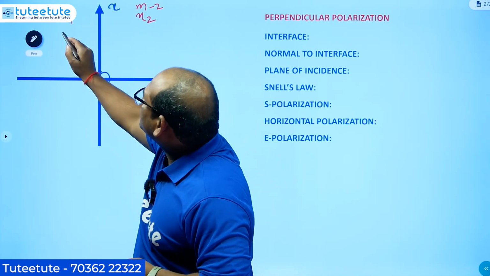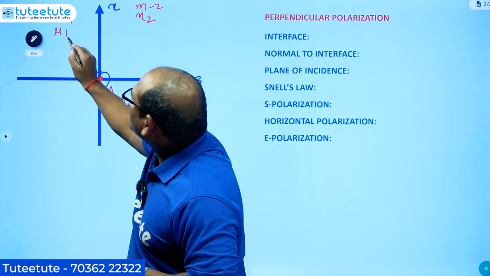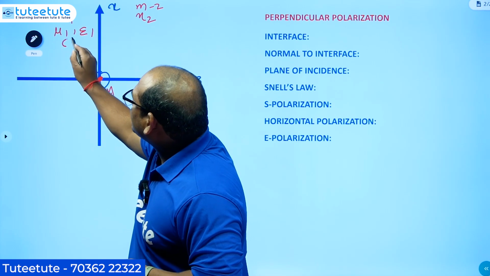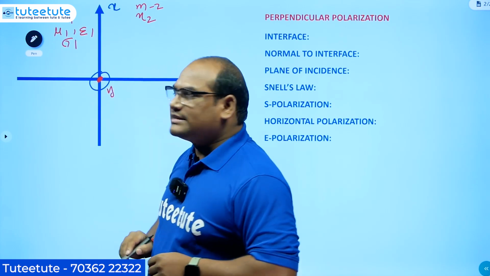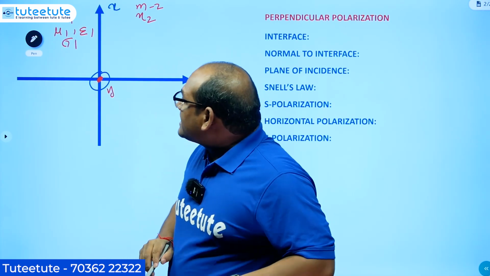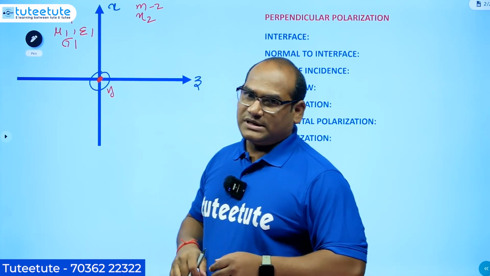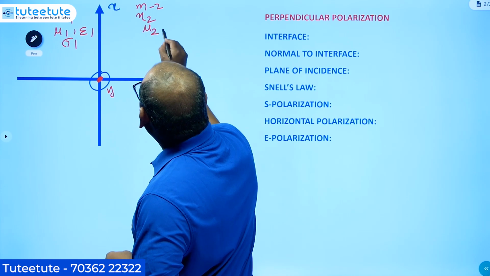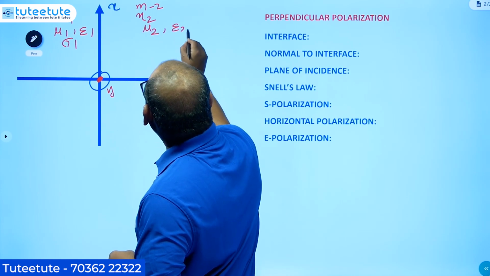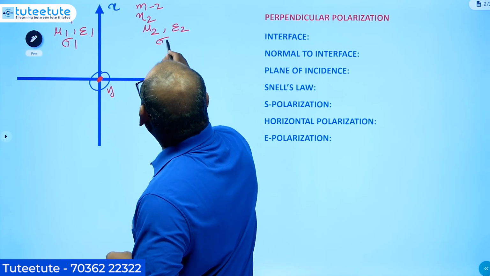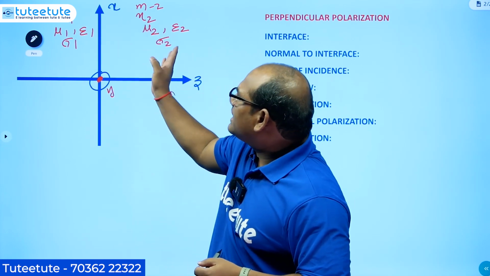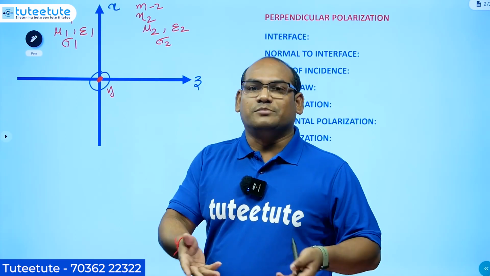It has permeability mu 1, permittivity epsilon 1 and conductivity sigma 1. That is how we characterize medium 1. Similarly, medium 2 has permeability mu 2, permittivity epsilon 2 and conductivity sigma 2. Because these values are different, these are two different media.